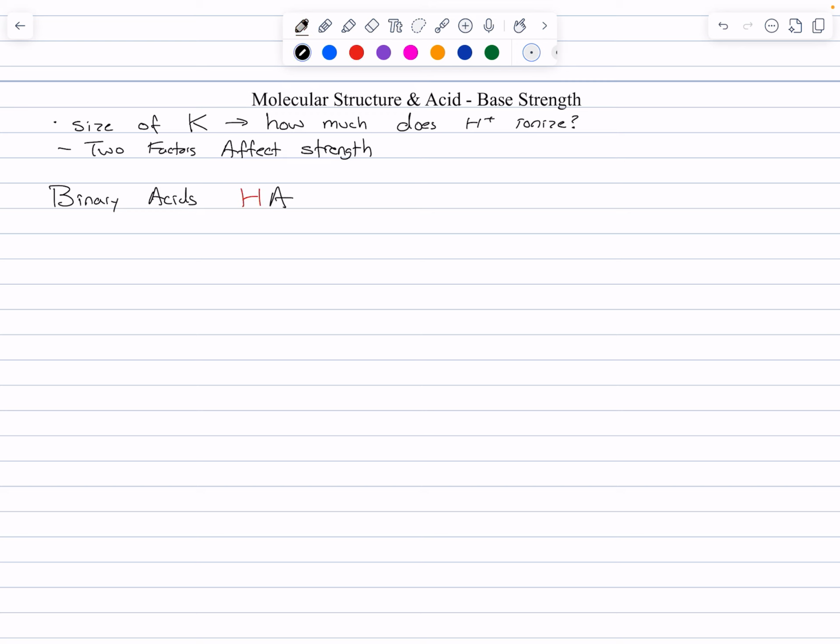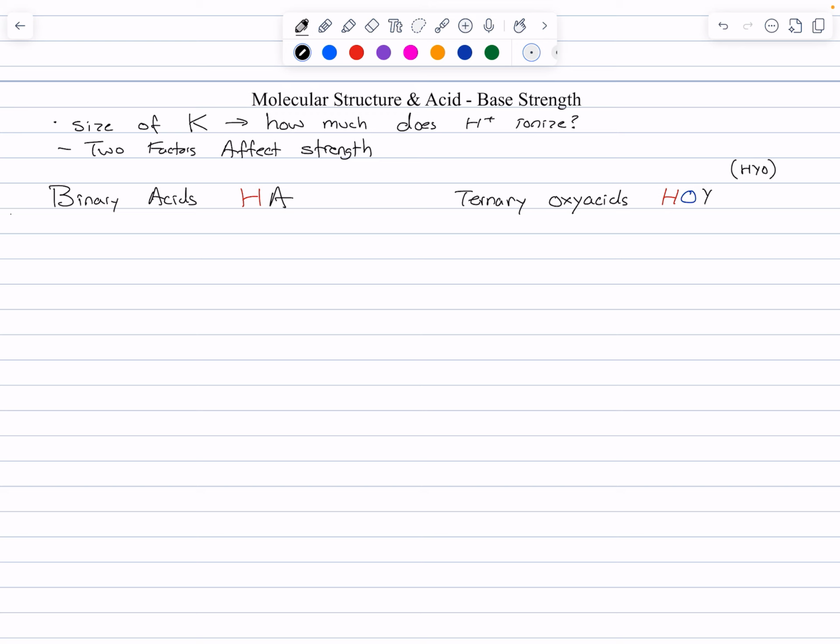Then we're going to have ternary oxyacids. H bonded to O bonded to a central atom. Now they're typically written HYO, right? But it's HOY.